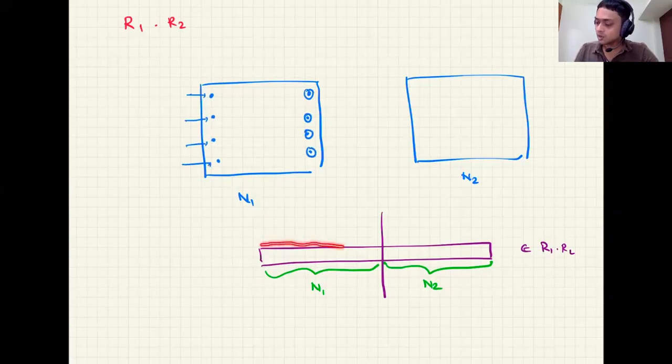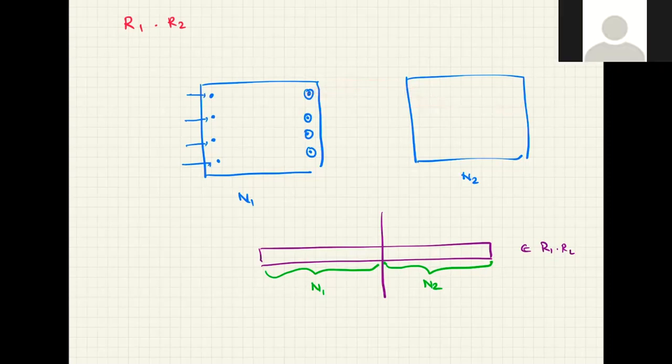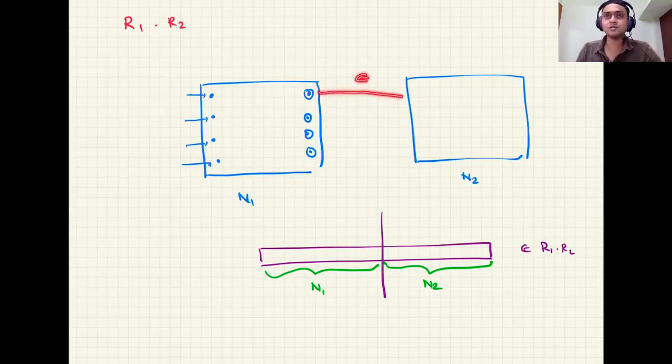Somehow, after I reach some final state, I should have the option of jumping to this automaton and then reading the next part of the string. Connecting them by an epsilon or something? Yeah, but we don't have this epsilon facility.